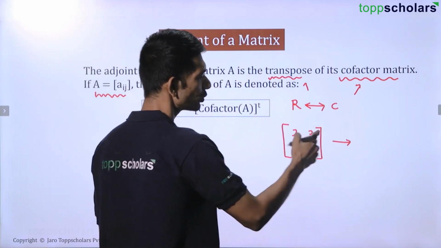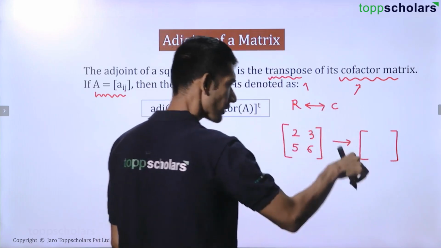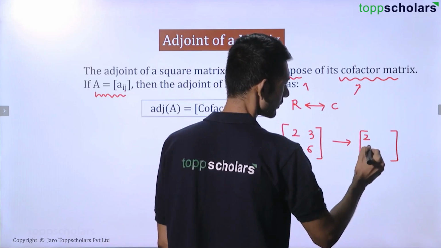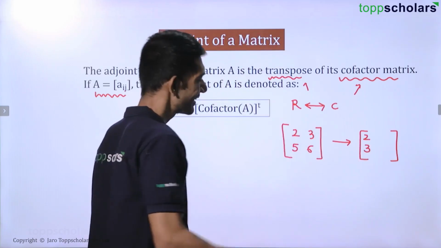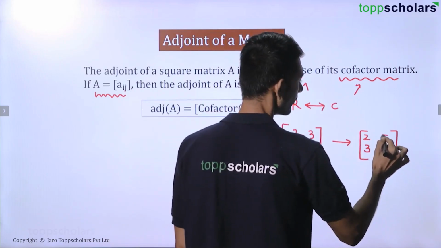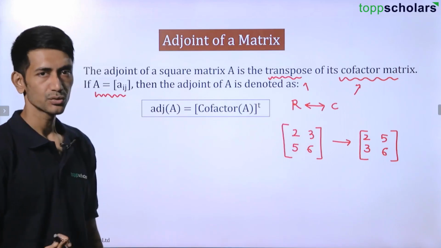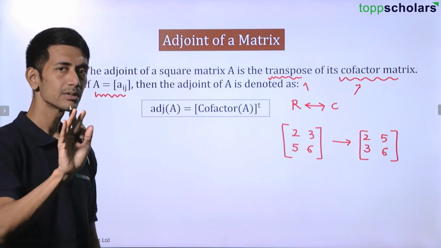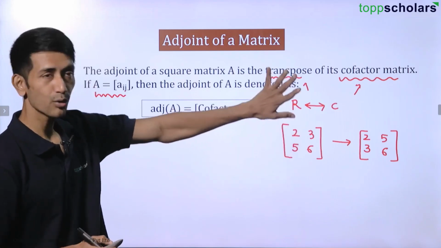The first row is 2, 3. That will become your first column. What is your second row? 5, 6. That will become your second column. This is transpose. Same applies to a 3 by 3 matrix. This is the meaning of transpose, not the cofactor matrix.